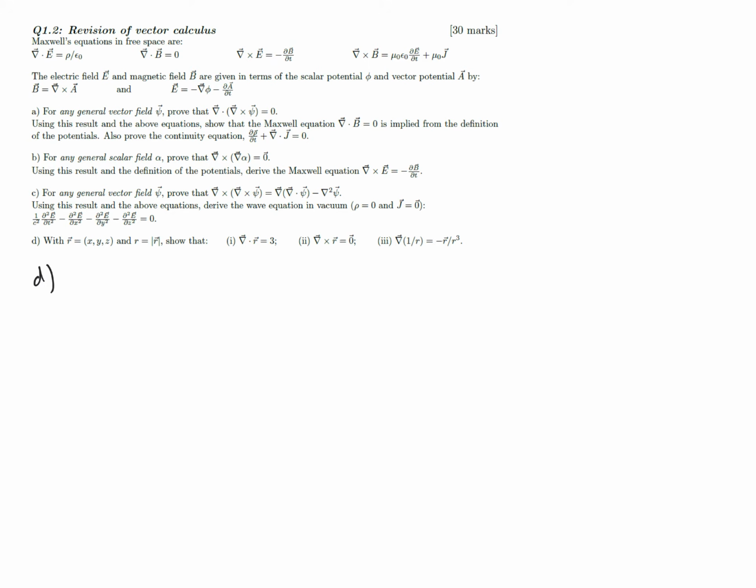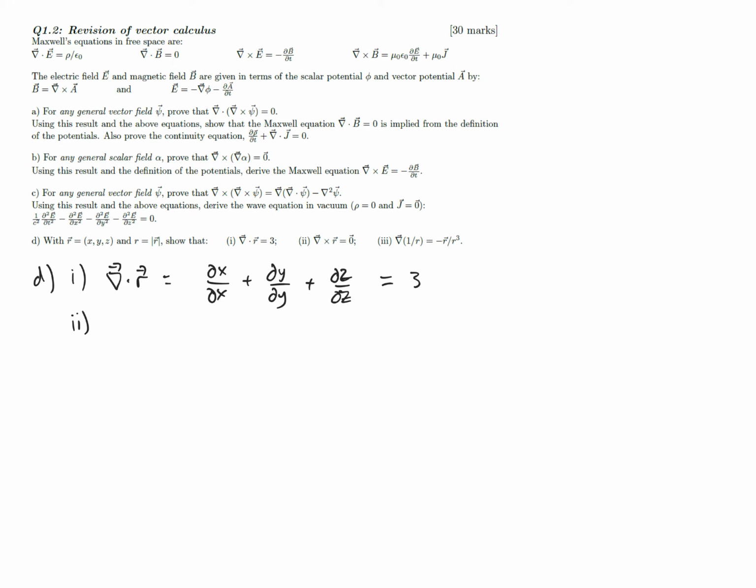So let's just go ahead and have a look at part I. We want to look at the divergence of r. This is dead simple. It's dx by dx plus dy by dy plus dz by dz. Each of those three terms is equal to 1, and so the whole thing is equal to 3.